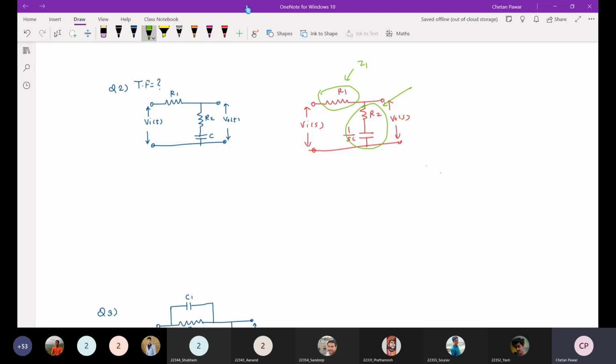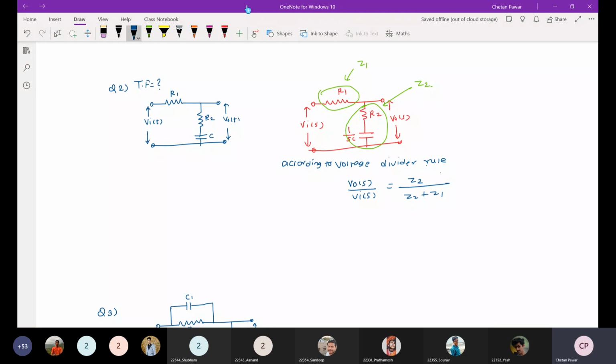This is the overall series combination. As you know, according to the potential divider rule or voltage divider rule, V naught of S upon Vi of S will be Z2 upon Z2 plus Z1.